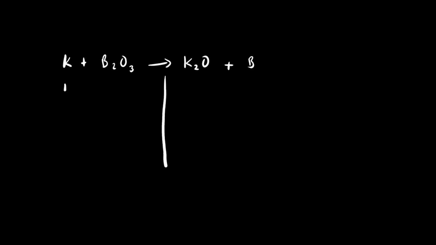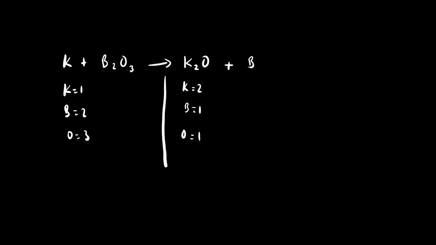On the left, we have 1 potassium, 2 boron, and 3 oxygen. On the right, we have 2 potassium, 1 boron, and 1 oxygen.